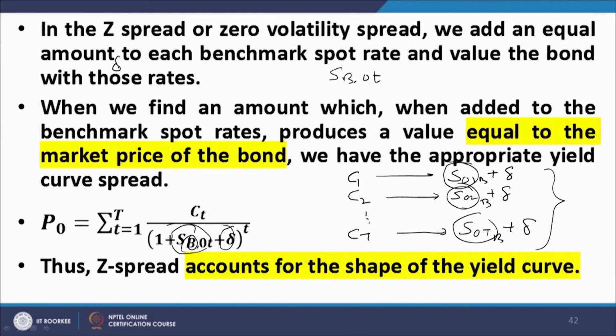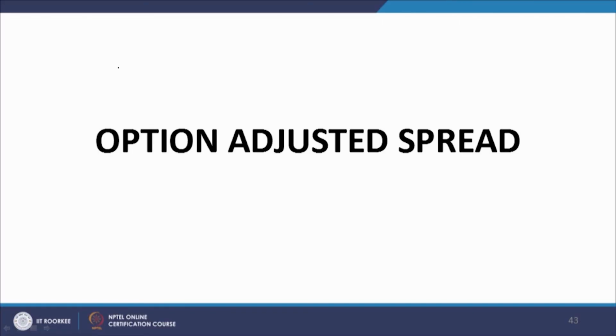The Z spread accounts for the shape of the yield curve. In other words, let us try to understand what we have done here. Let us look at an upward sloping yield curve. This is the government or the riskless upward sloping yield curve of T bonds or riskless bonds.